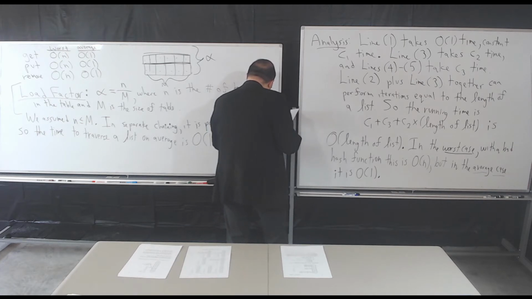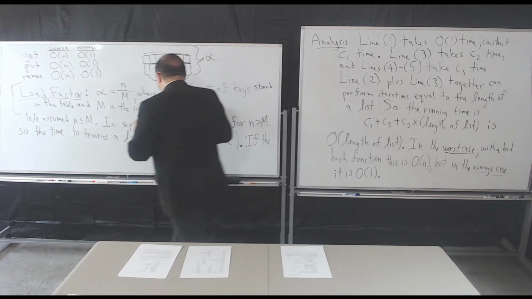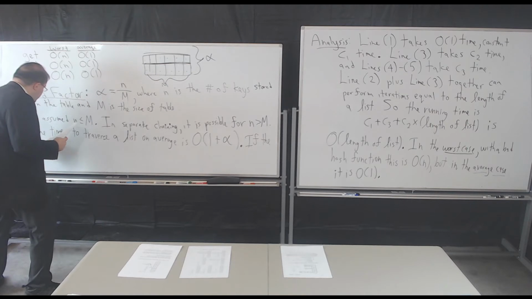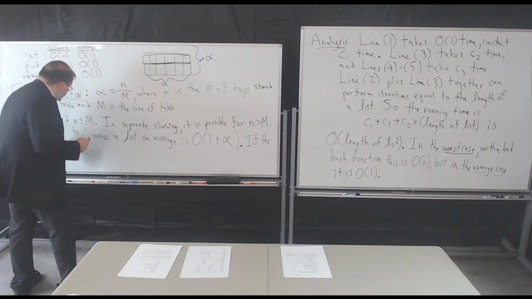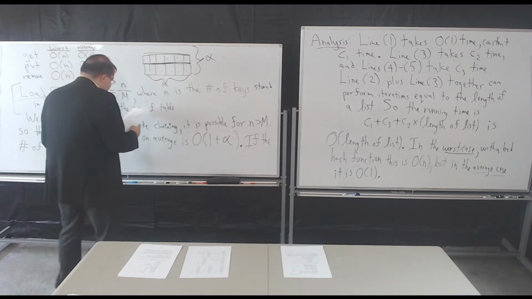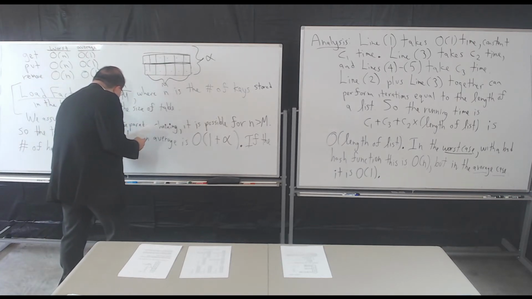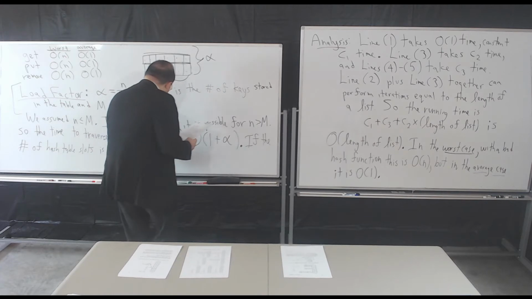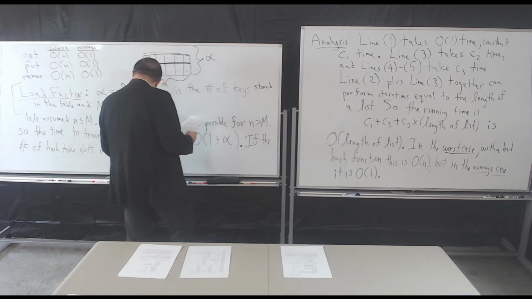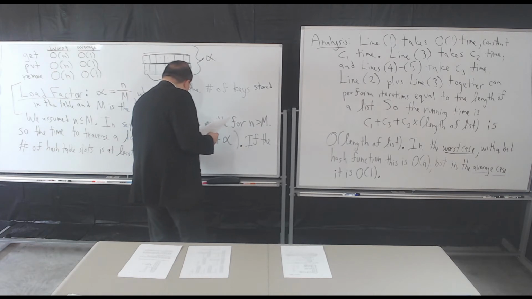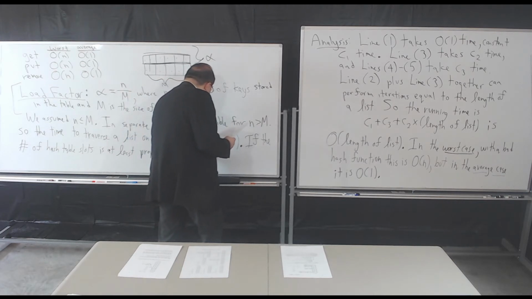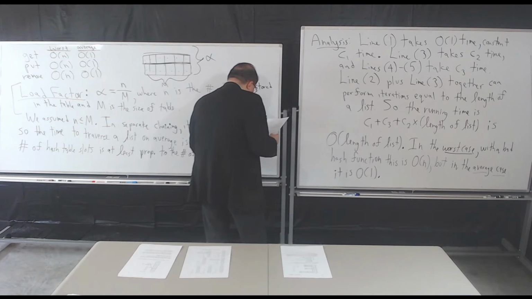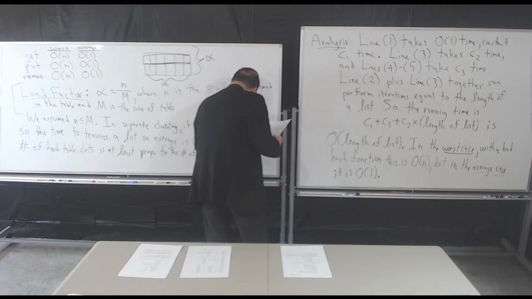Okay, so if the number of hash table slots is at least proportional to the number of elements or records by some constant.